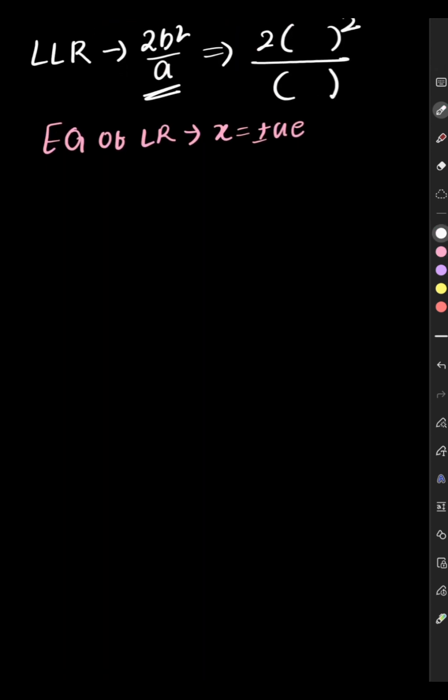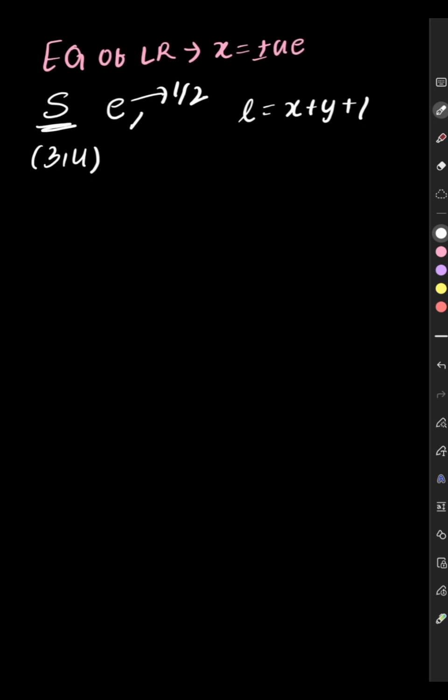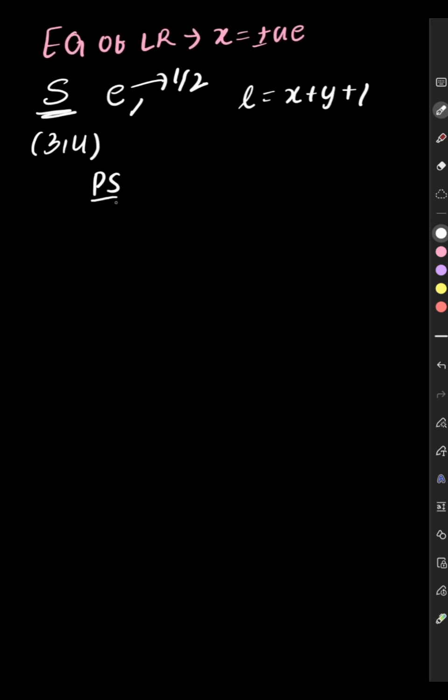So how do we write the equation of an ellipse? If they give you the coordinate of one focus, the eccentricity and the equation of the directrix. Let's say the focus is (3, 4), eccentricity is 1 by 2 and the equation of the directrix is x plus y plus 1. What you're going to do is understand that PS upon PM is e.